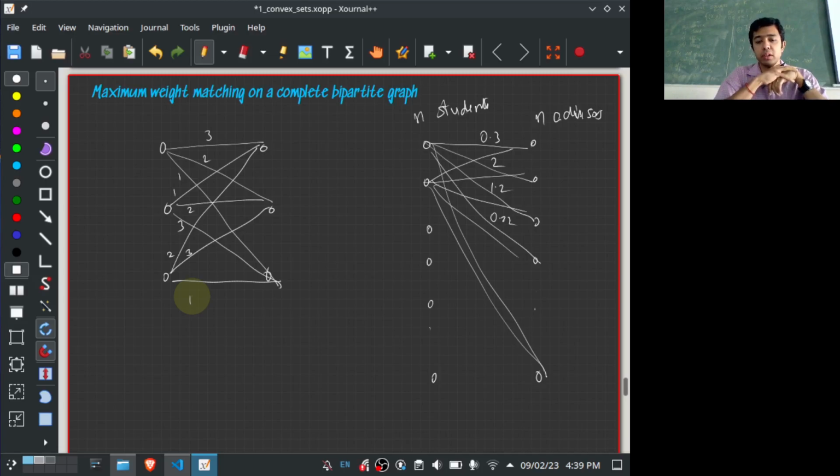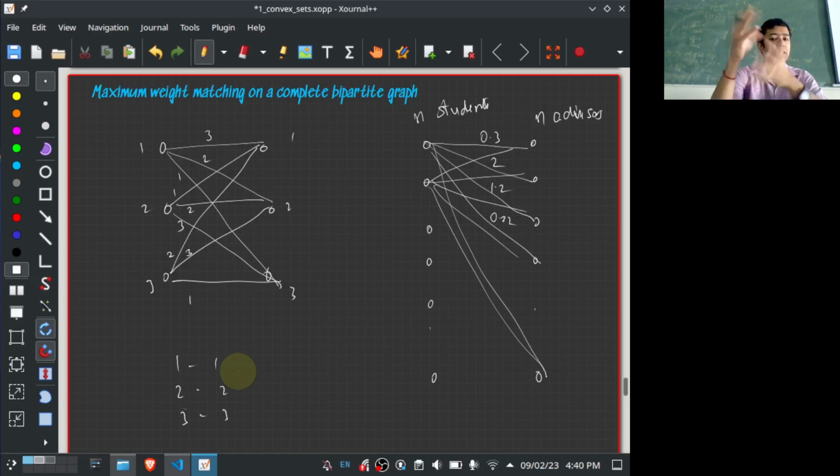All right, and you choose one particular allocation. Let us say the one allocation is 1 maps to 1, 2 maps to 2, and 3 maps to 3. Okay, what would be the total weight of this allocation? It would just be 3 plus 2 plus 1. Okay? The sum of the edges which are ultimately selected in this matching, as I call it.